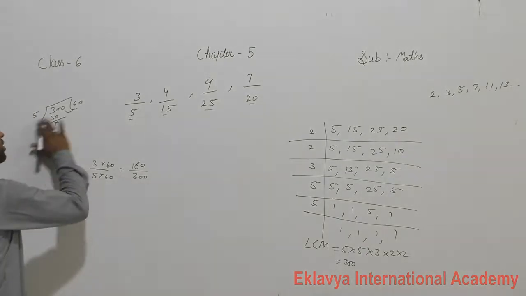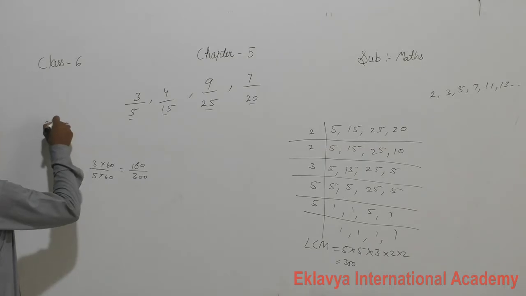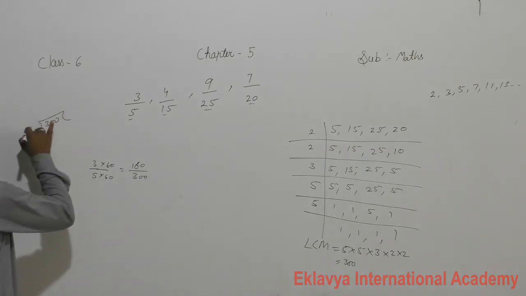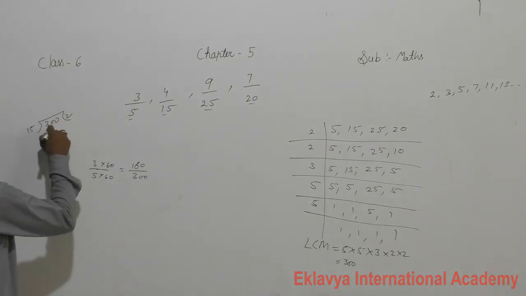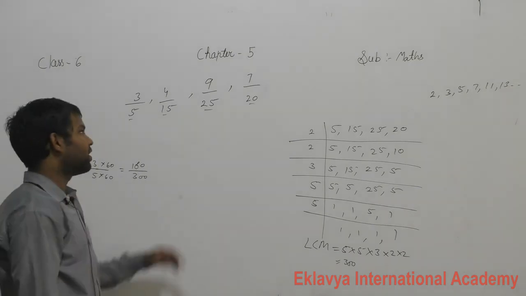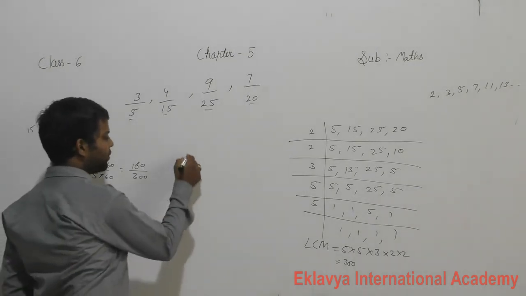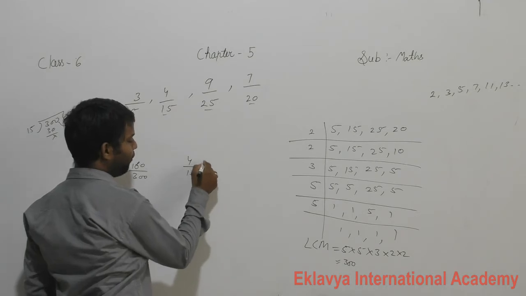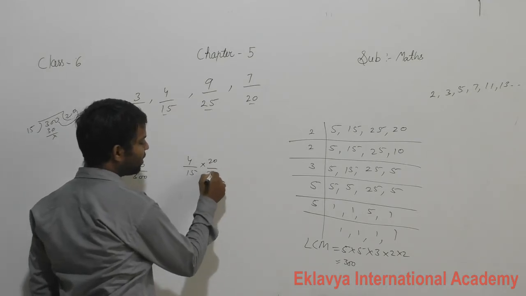Now next, 15. If we divide 300 by 15, we get 20. So the second fraction, 4 upon 15, is multiplied by 20 and 20.